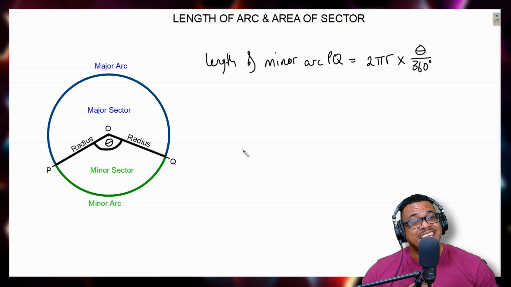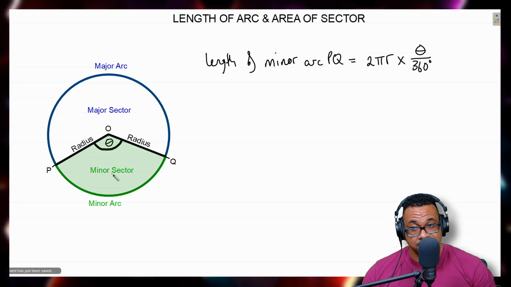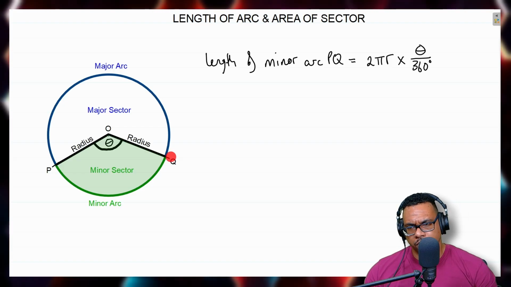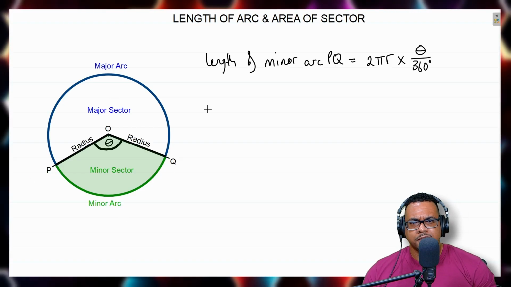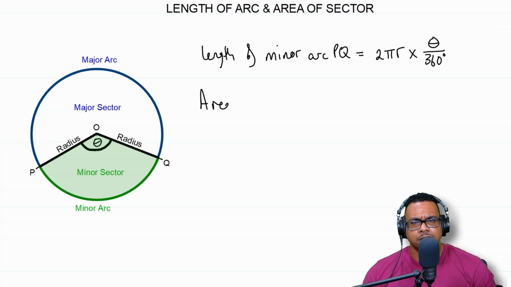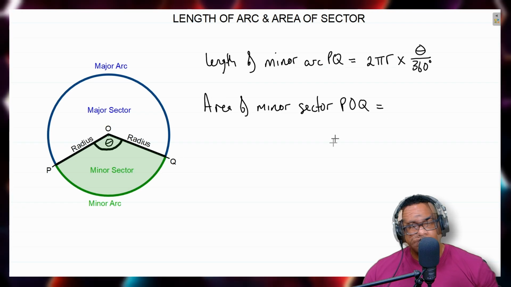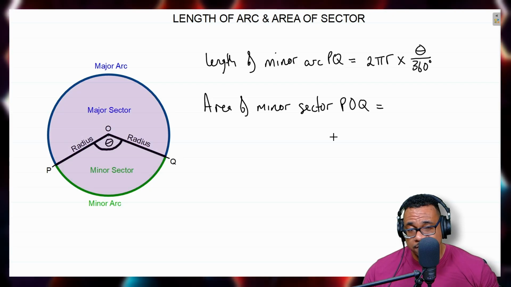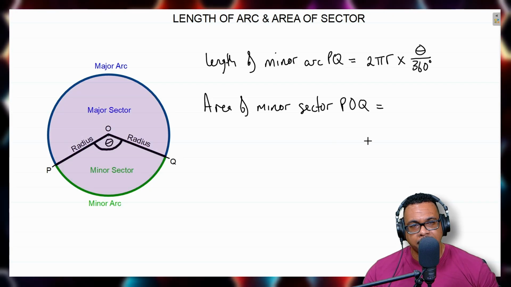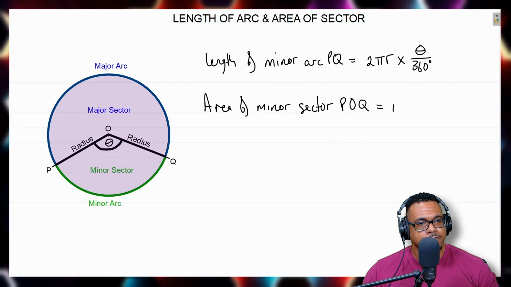Likewise, if we wanted the area of the minor sector, and that'll be POQ, let's put that down. Area of minor sector POQ is equal to, well, the area of the entire circle is pi r squared, pi multiplied by radius squared.